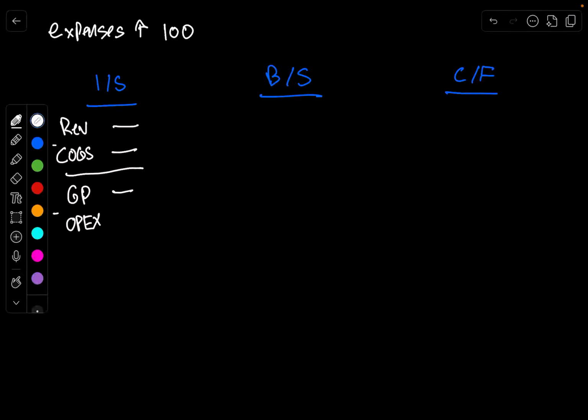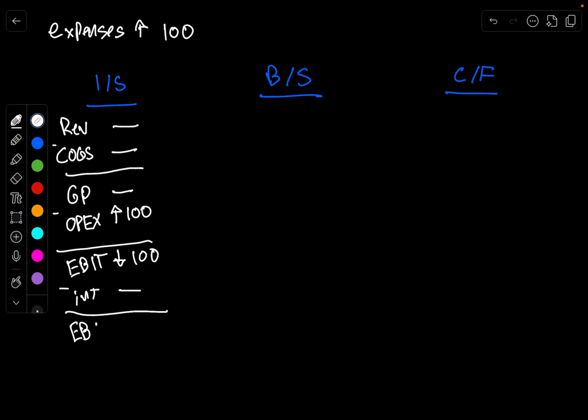Now we have more operating expenses, so our operating expenses increased by 100, meaning that our EBIT has actually decreased by 100. That makes sense, right? Our earnings are going to go down because we incurred an expense. Our interest is going to stay flat, meaning that our pre-tax income is going to be down by 100.